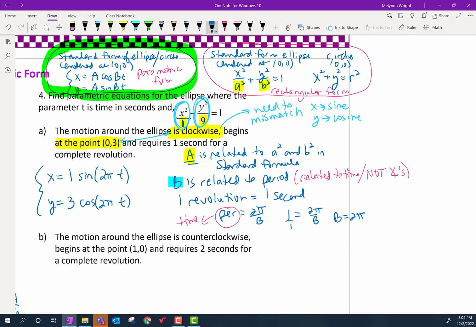Okay, the very last thing that we need to do is we need to put a restriction so this poor little ellipse doesn't just go round and round and round forever. How long does it take to go around one time? 1 second. So my restriction is going to be 0 less than or equal to t less than or equal to 1. It's 1 second.